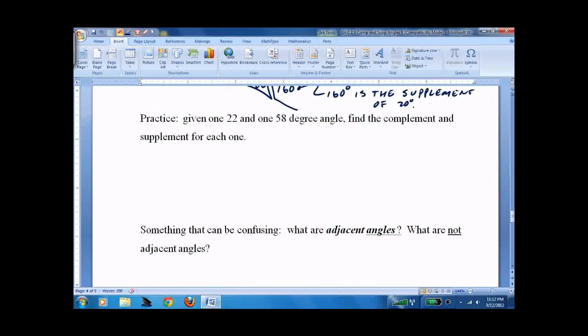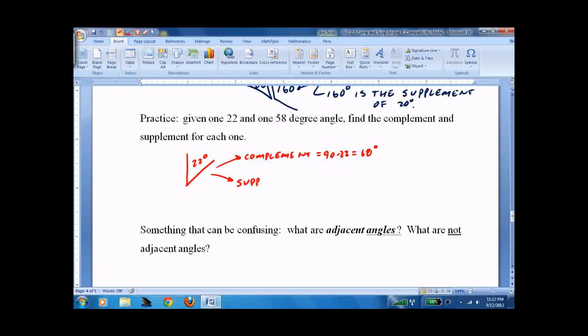So here's some practice. I would pause the recording and try these on your own if you can. So I'll do them now. Complement equals 90 minus 22 equals 68 degrees.